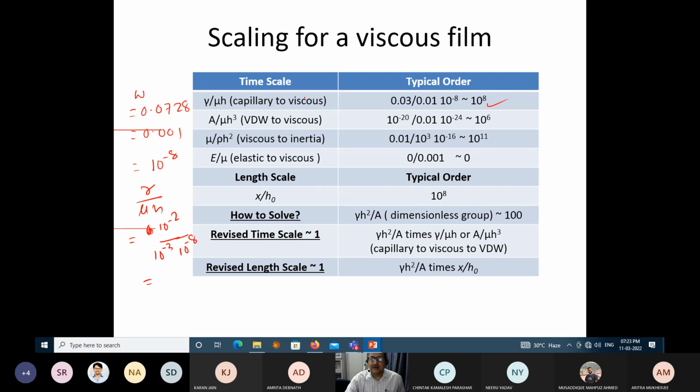Right? Now you have a situation where surface tension force is predominant, the Van der Waals forces are predominant, and these are predominant over viscous force, and viscous force is more predominant than the inertial forces. Under that sort of circumstances, if you really want to look for the time scale, you choose the ratio of the surface tension force to the Van der Waals force, because surface tension will be stabilizing and Van der Waals force will be destabilizing.